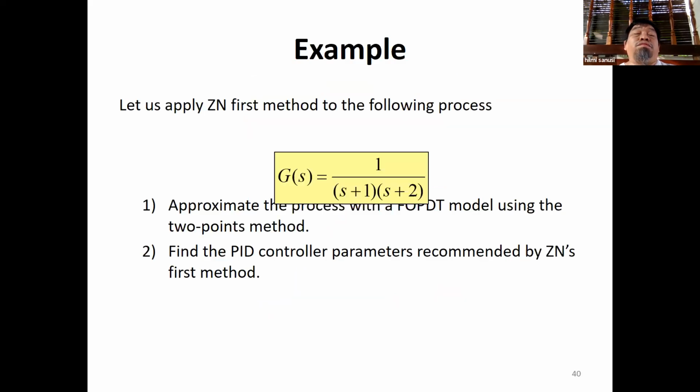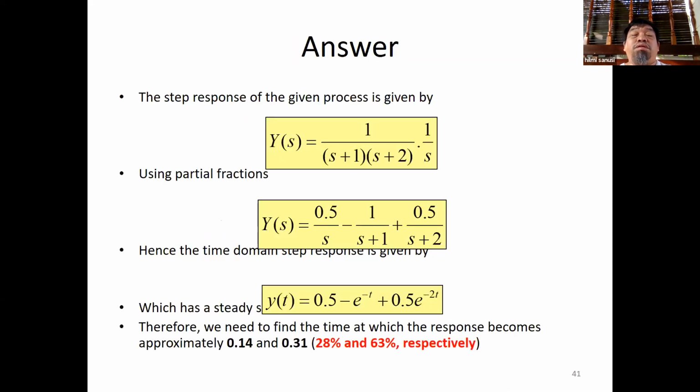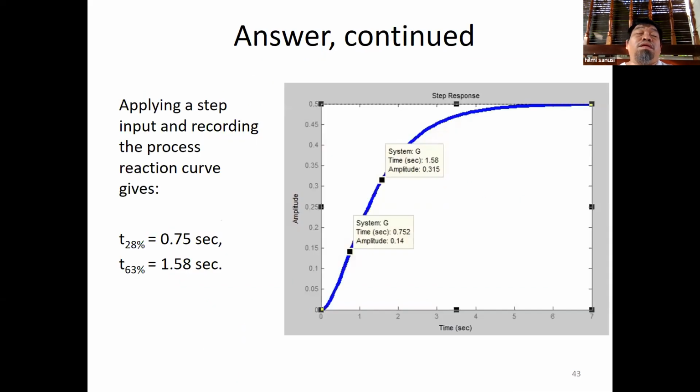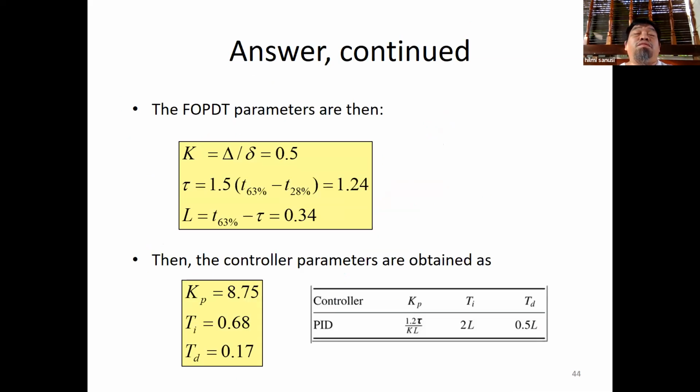So you can use a Ziegler-Nichols approach for 2-point methods. Then you find the PID controller parameter recommended by Ziegler-Nichols first method. And then this is the examples. You use this thing, and then you apply dalam your MATLAB, then you can see macam mana the response. Okay.